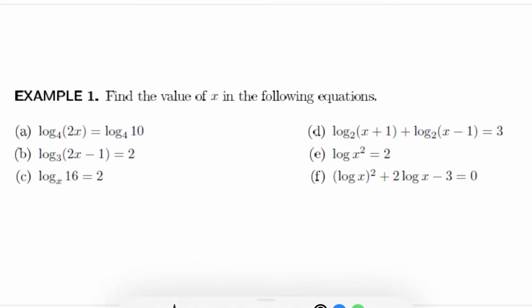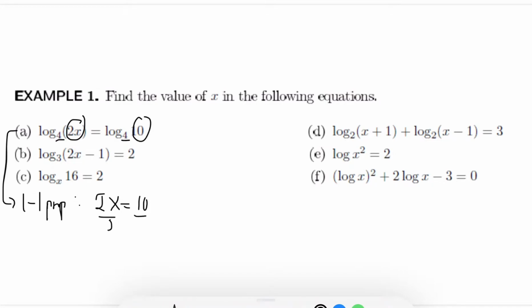Number 1, letter A, find the value of x in the following equations. For number 1, take note they have the same base, log of something base 4. So by the one-to-one property of logarithm, we can have 2x equals 10. So solving for x, x is 5. Substitute.